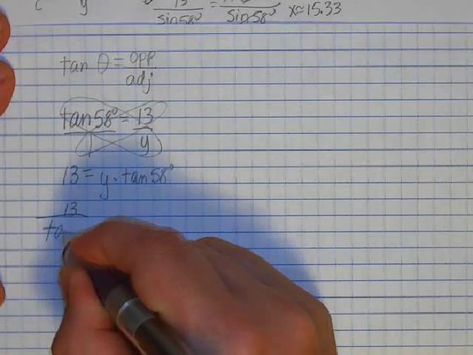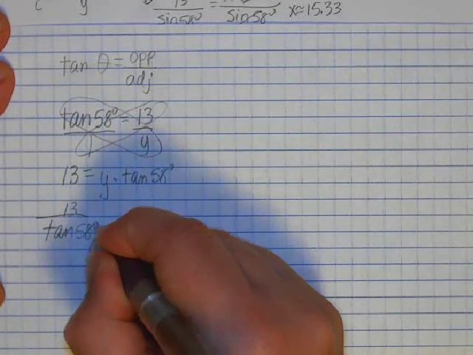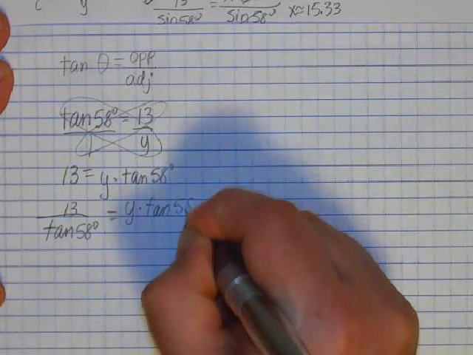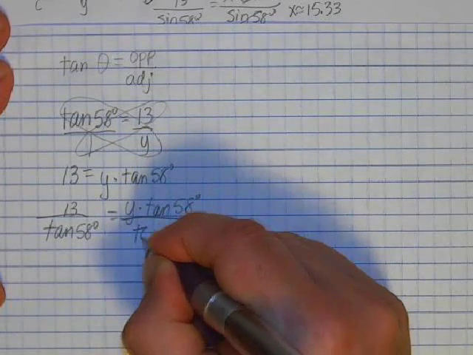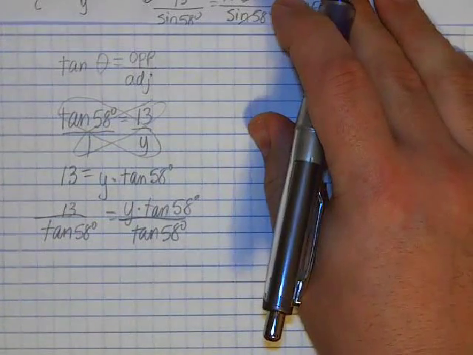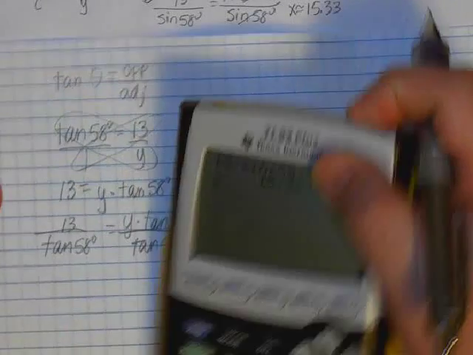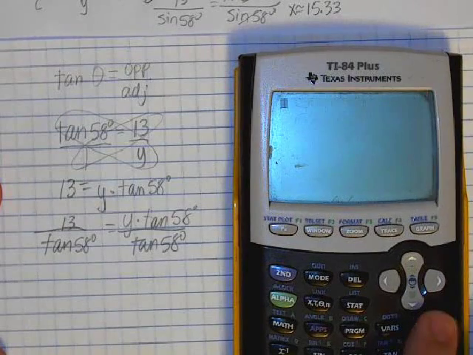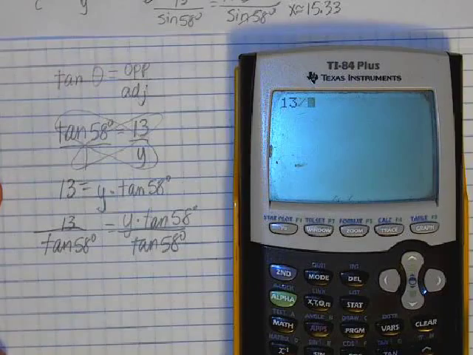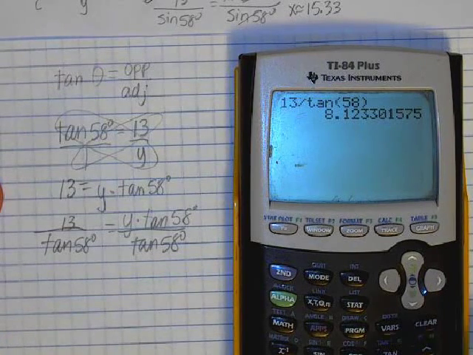So divide both sides by the tangent of 58 degrees. And we get about 8.12.